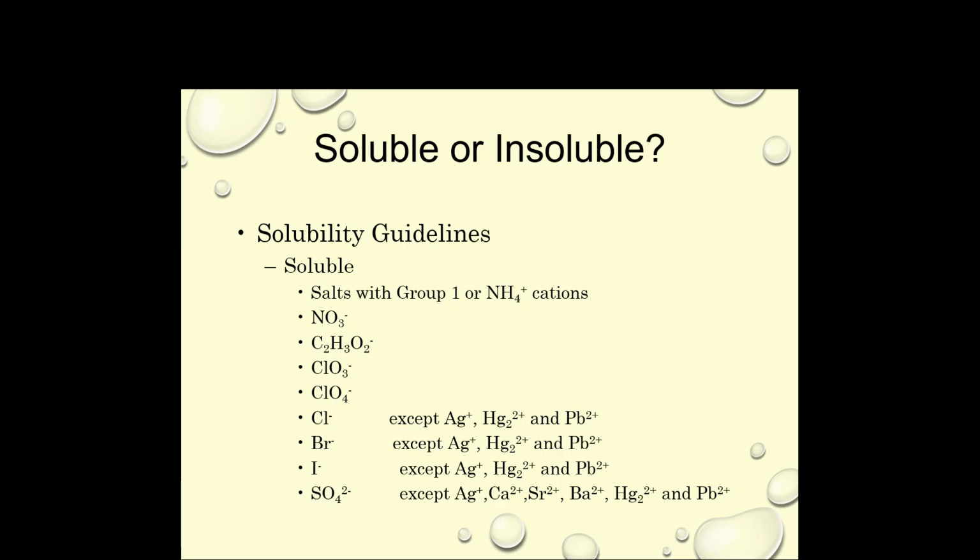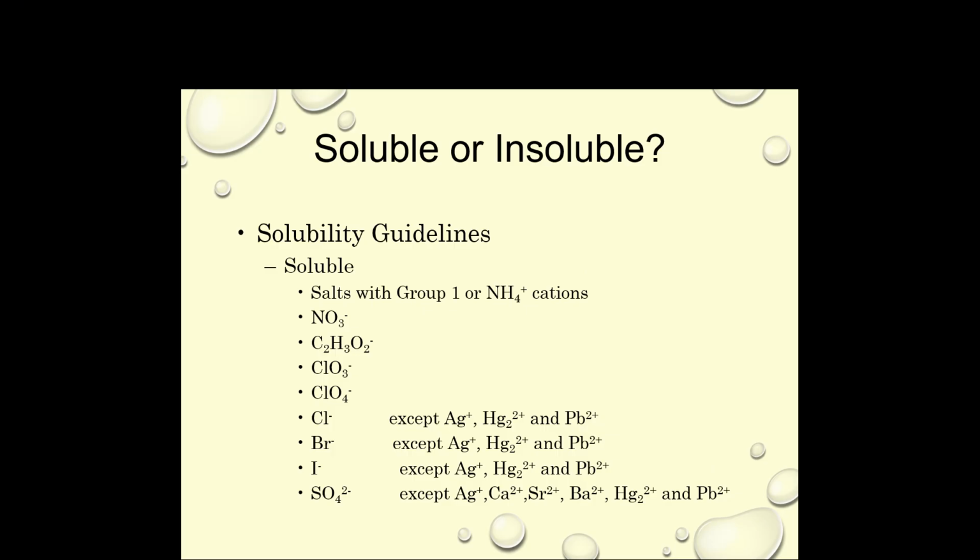If the anion is nitrate or acetate or chlorate or perchlorate, then those also will always be soluble in water. The halogens, chlorine, bromine, iodine, have a tendency to be soluble, but when they have the heavy metals silver, mercury, or lead as their counterpart, you'll see, for instance, lead chloride or lead iodide.